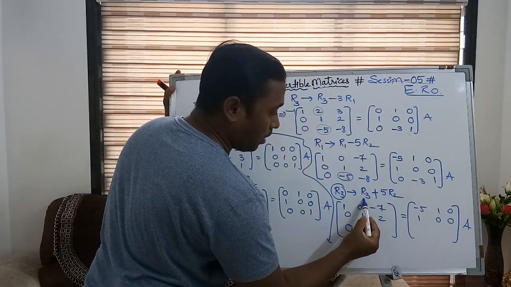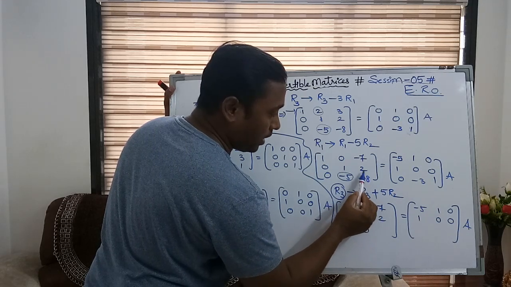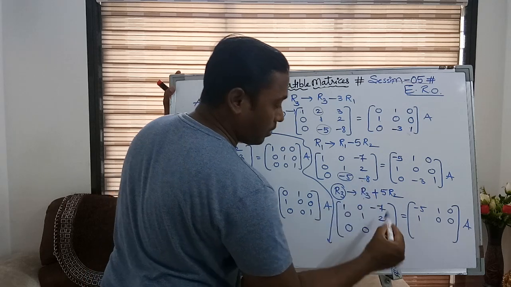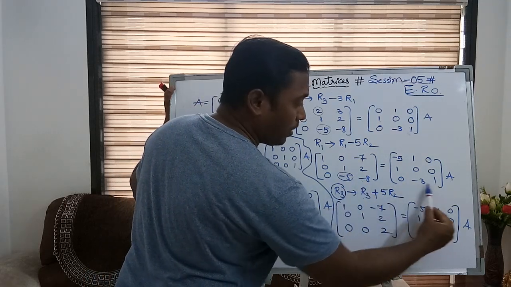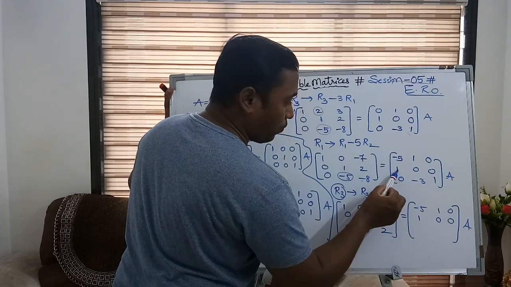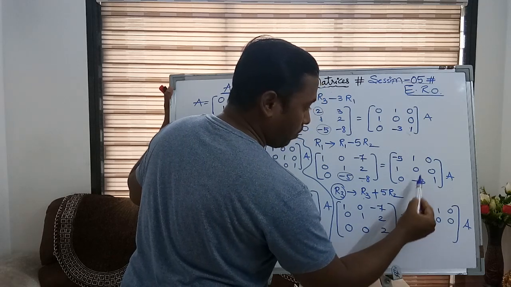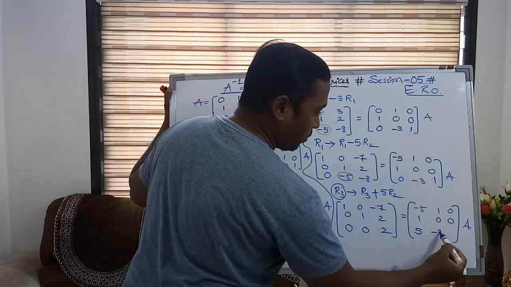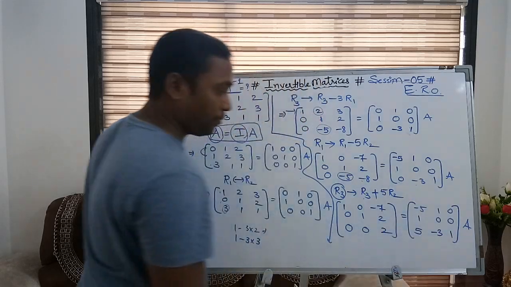Then R3, that is minus 8 plus 5 times 2, that is 10, minus 8 plus 10, that will be 2. Here the same effect will go in the second matrix also. So R3, that is 0 plus 5 times 1 is 5, minus 3 plus 5 times 0 remains minus 3, 1 plus 5 times 0 is 1.